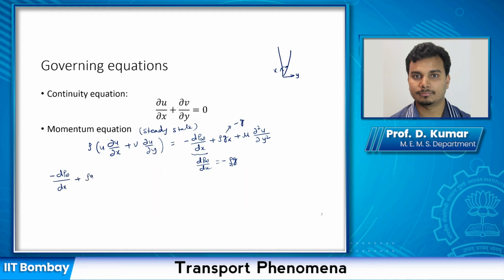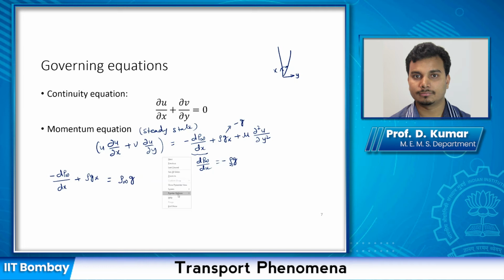Plus rho gx. So gx will be minus g, that we have said. So this will be minus plus, so you will have rho infinity g. Let's also divide everything by rho.